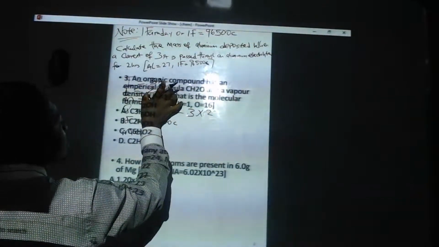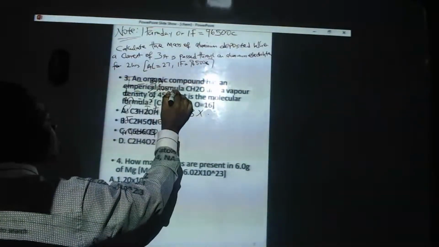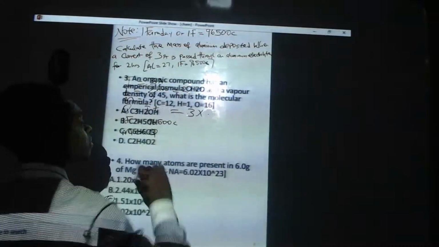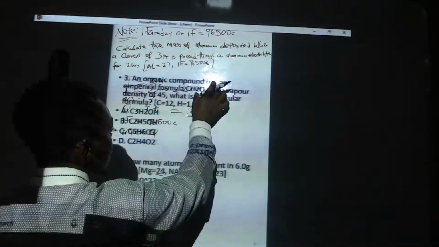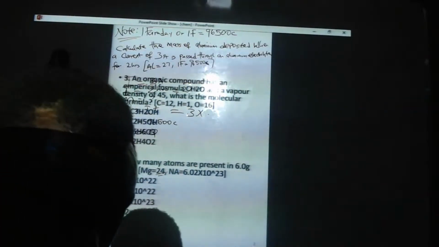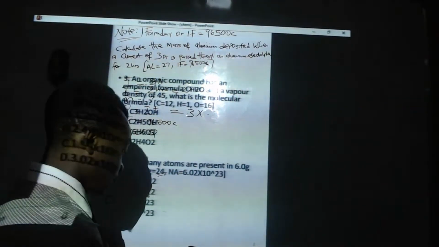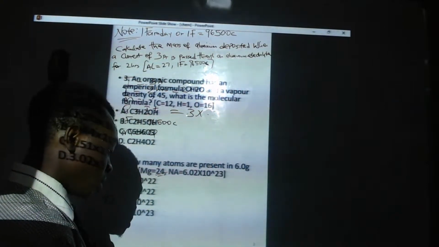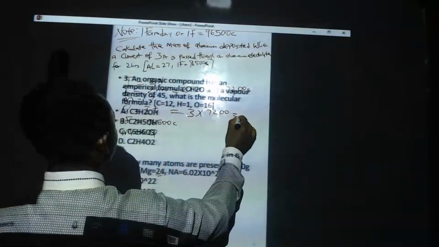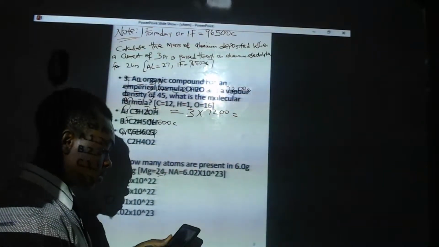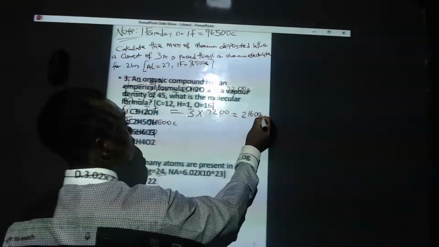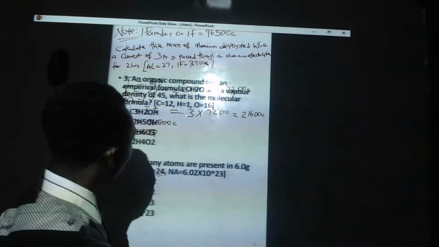Remember that you have to convert these 2 hours to seconds, so do 2 times 60 times 60, which is 3600 times 2, giving 7200. Now multiplying this by 3, we get 21600 coulombs.